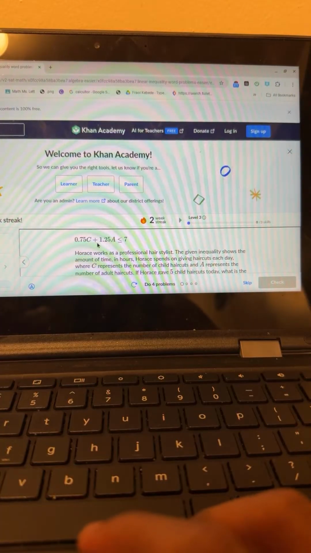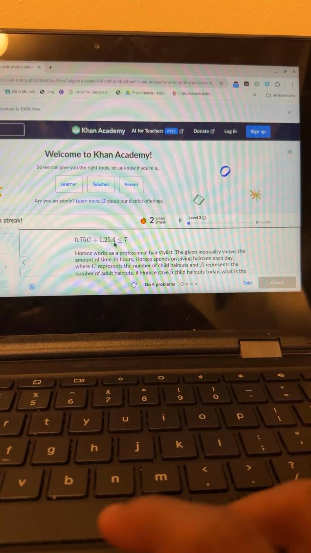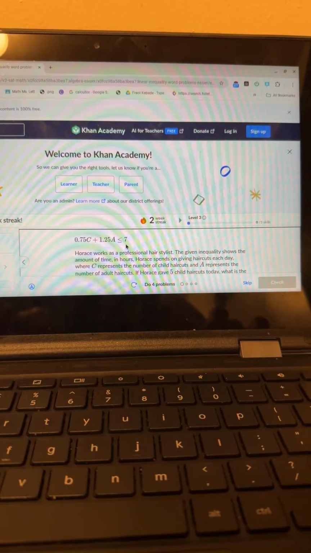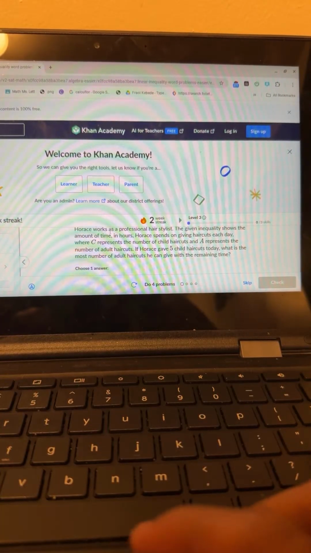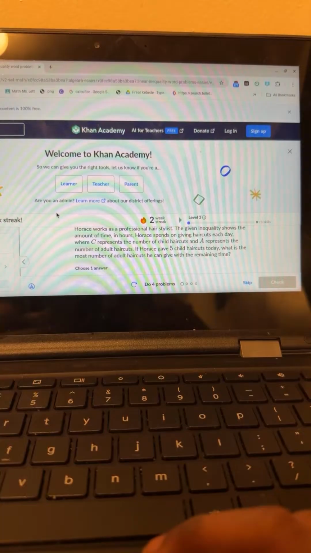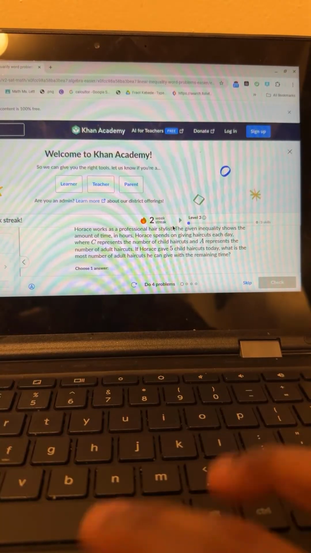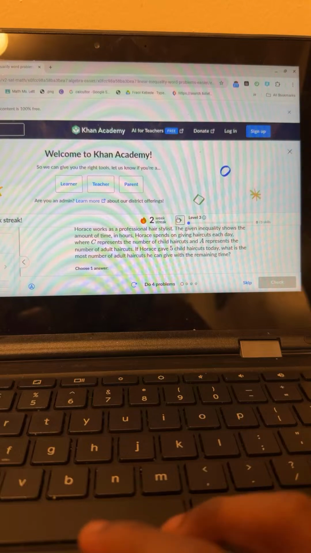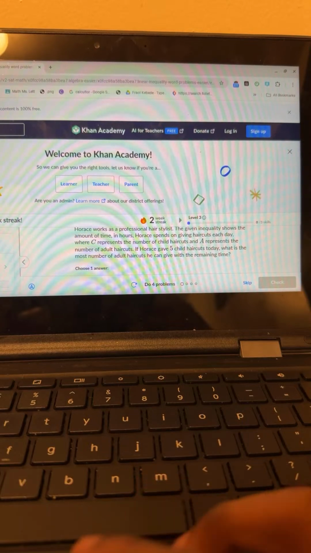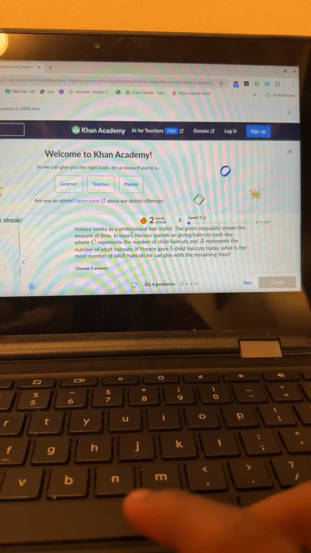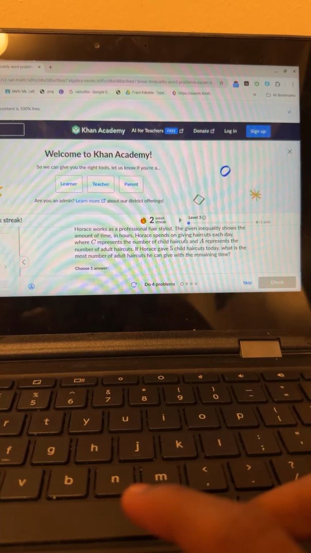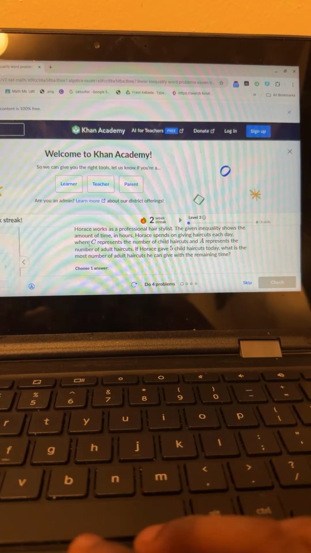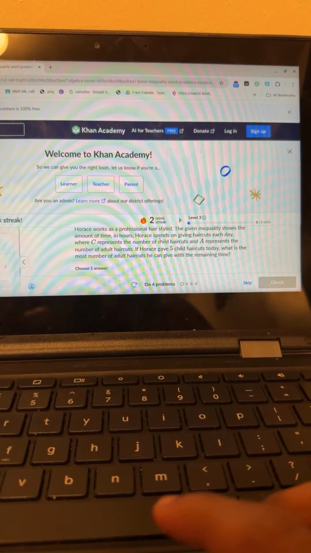0.75C plus 1.25A is greater or less than 7. Jorge works as a professional hairstylist. The given inequality shows the amount of time in hours Jorge spends on giving haircuts each day, where C represents the number of children's haircuts, and A represents the number of adult haircuts.